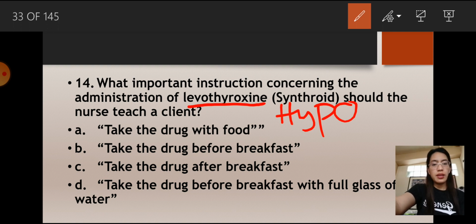Kaya mali ang letter A, mali din ang letter C kasi merong pagkain. Food impairs the absorption of levothyroxine. So, which is better? B, take the drug before breakfast, or letter D, take the drug before breakfast with a full glass of water. Ano sagot natin dito?